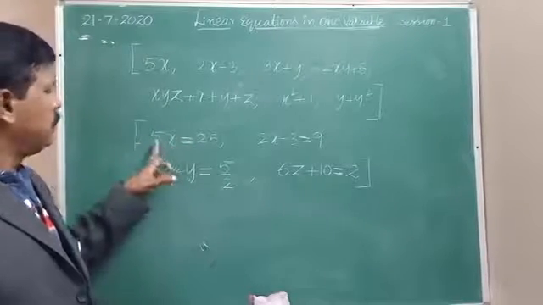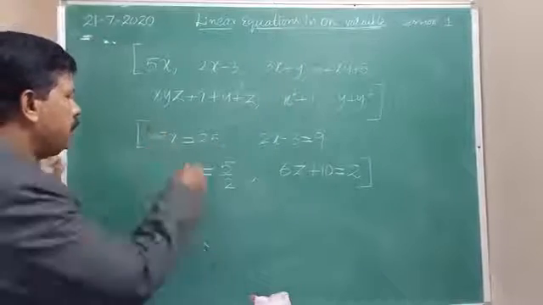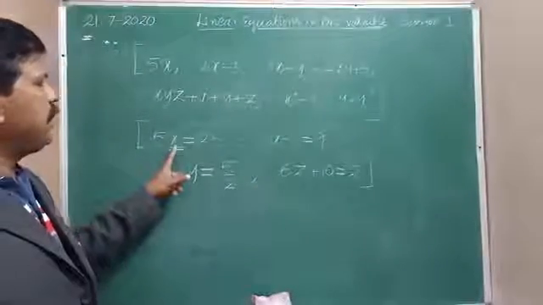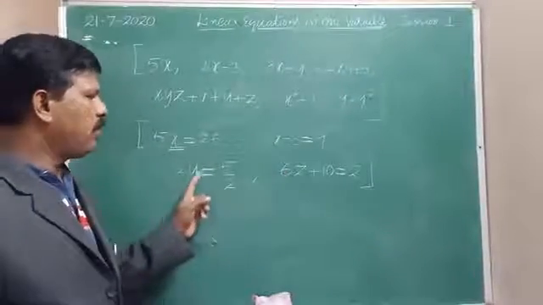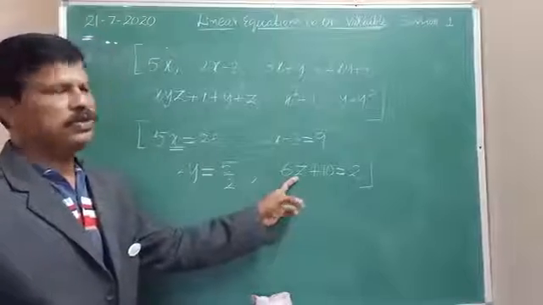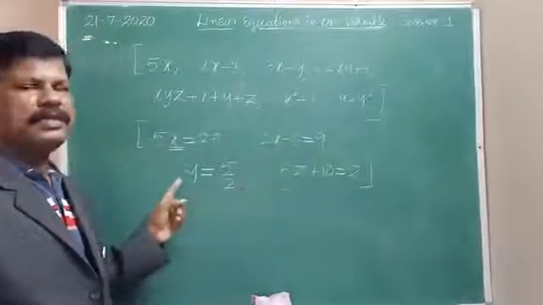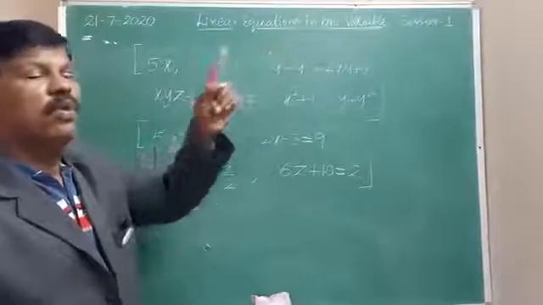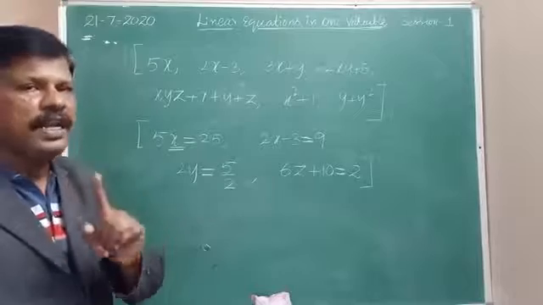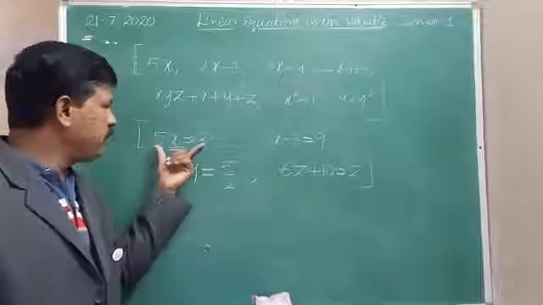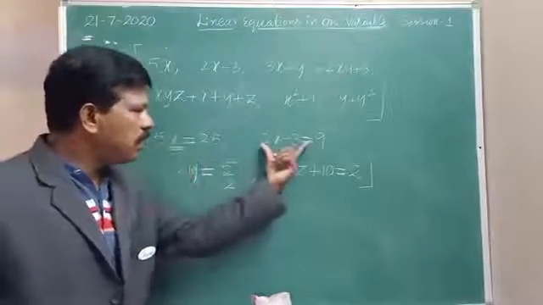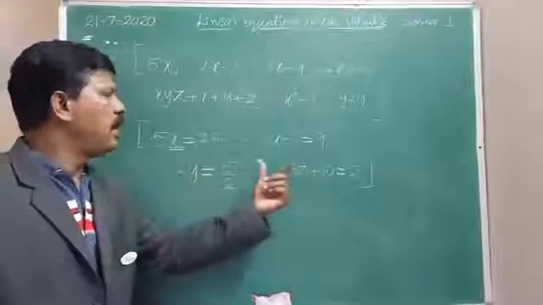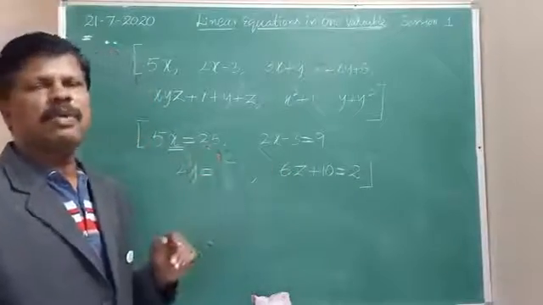Now, look at this. Here, in these equations, this is called the variable, alphabet. Here is x, here is x, here is y, here is z. Okay, equation in one variable. This is one equation with one variable. This is another equation with one variable. This also is one equation with one variable. And this also is an equation with one variable.